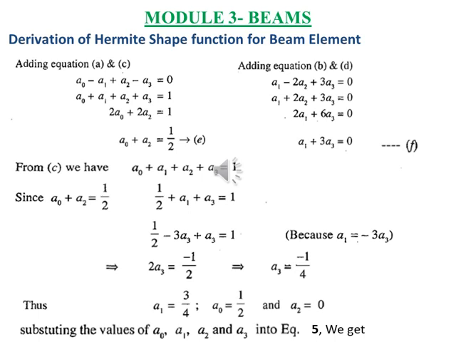So substituting this and finding the values for A0, A1 and A2, we get A1 as 3 by 4, A0 as half, A2 as 0. Now substituting these values in equation 5, we get the Hermite shape function H3.